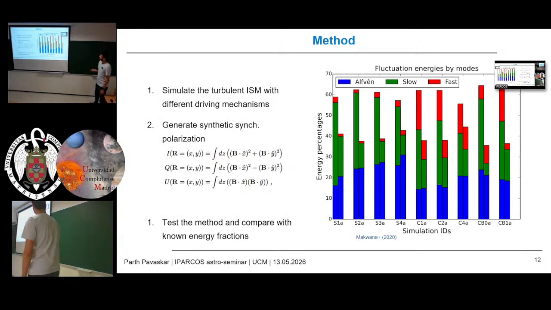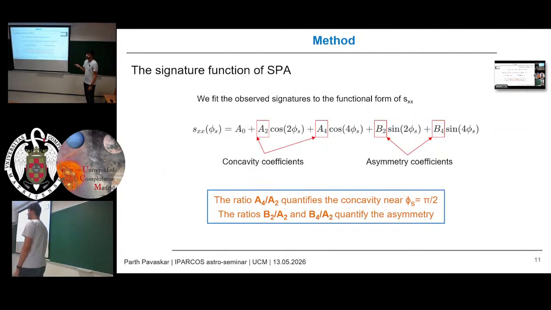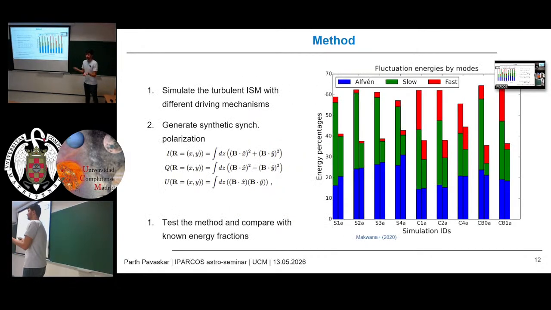Right. Now we have some semblance of a recipe, but we have to actually test this. And we cannot test this with real observations because we don't know what is happening at the source. We need a controlled volume against which to test it.